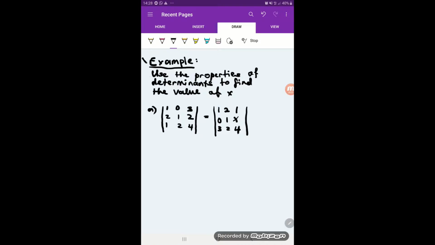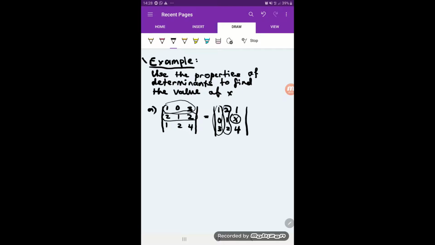Use the properties of determinant to find the value of x. This is the x here. From here, you know that the first row of this determinant is changed to the first column of this determinant. The second row is changed to the second column.